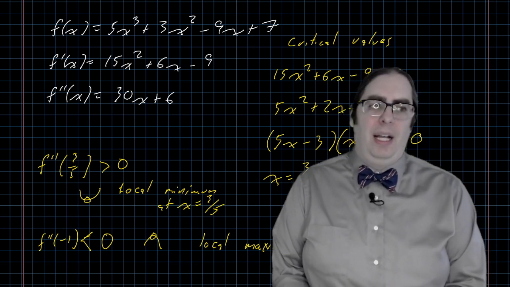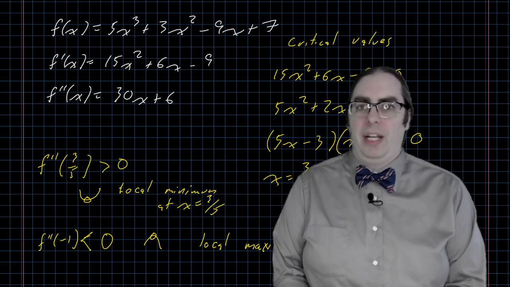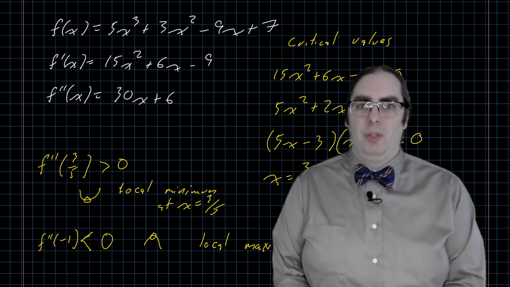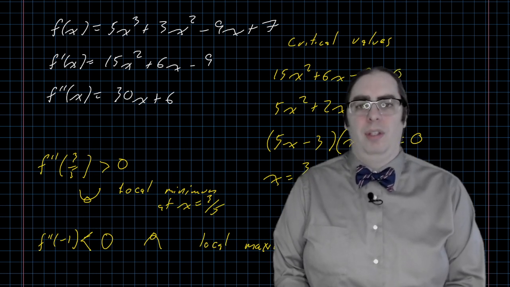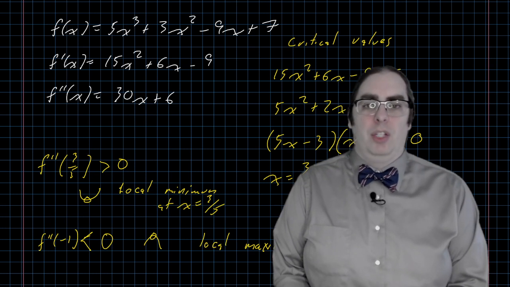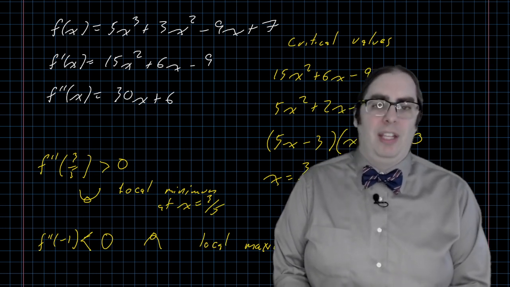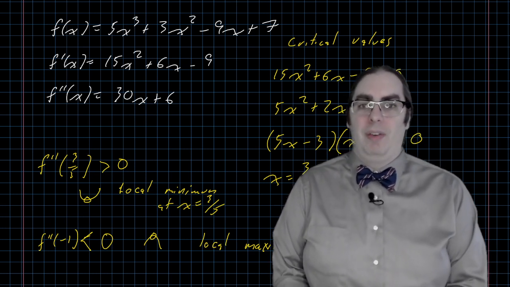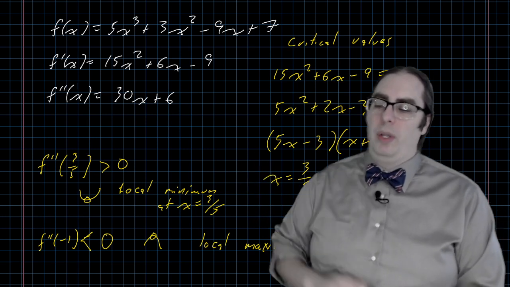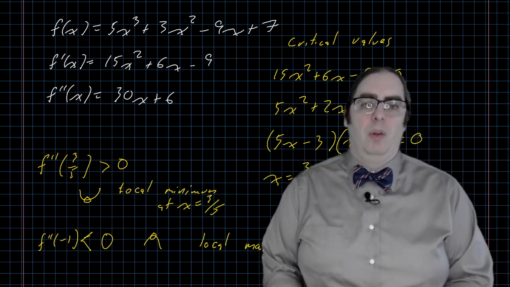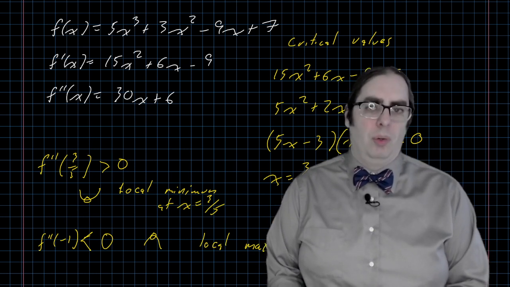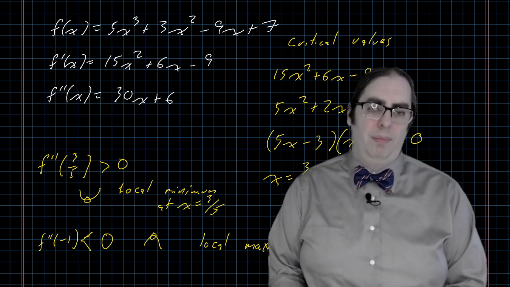If we had a less pleasant function, if we had a rational function where taking the derivative itself would be a challenge, I would be far less inclined to use this sort of analysis. But we have the second derivative, and evaluating a function at a point is very easy. It's a nice, quick way of determining the representations of your critical values.